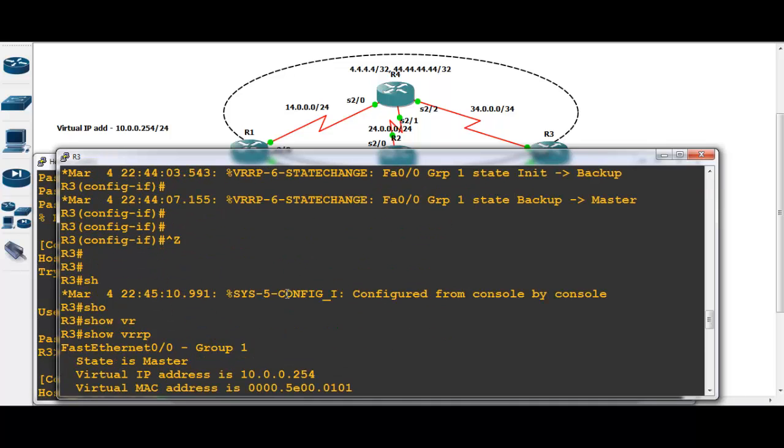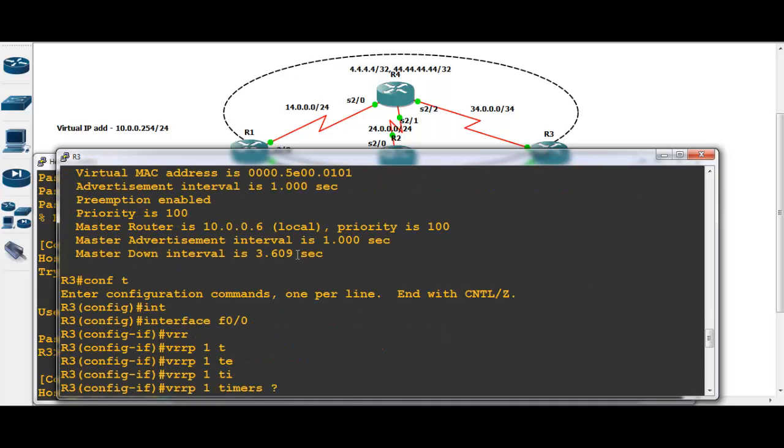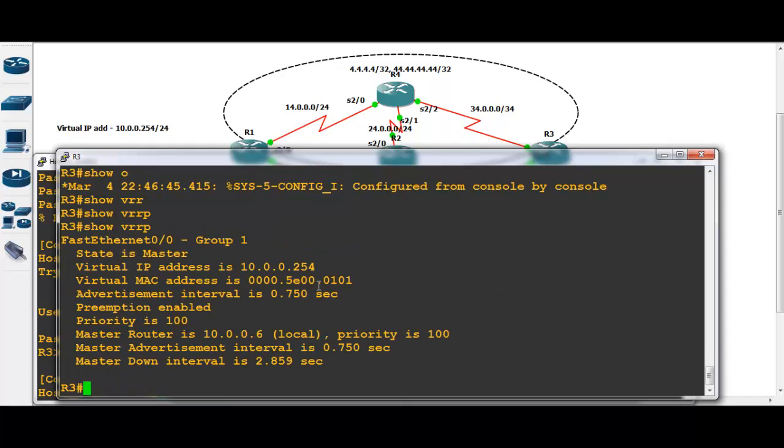Previously it was 3.69 because the timer was 1. Now since I reduced the timer from 1 second to 750 milliseconds, less than a second, this also has gone down and you saw the algorithm how it is calculated. Alright, so that is one.